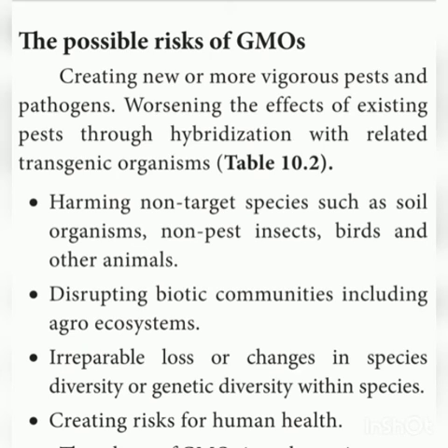It also disrupts biotic communities including the agro-ecosystem, causes loss or changes in species diversity or genetic diversity within species, and creates a risk for human health. These are the various risks of genetically modified organisms.